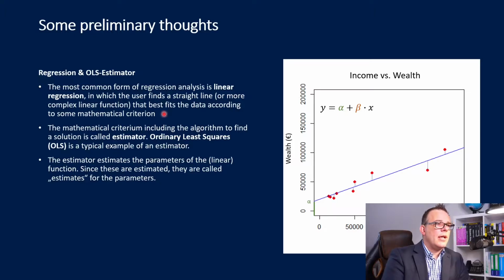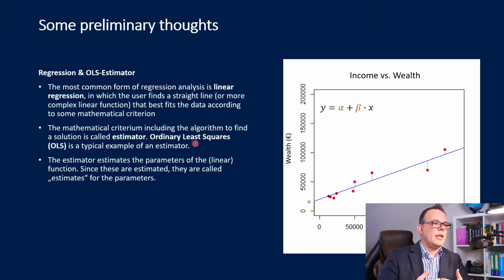The most common form of a regression analysis is the linear regression. Accordingly, we have a straight line if we only have one x variable, or a more complex linear function, just like a surface or a hypersurface that we are modeling here. Of course, we need some kind of methodology.